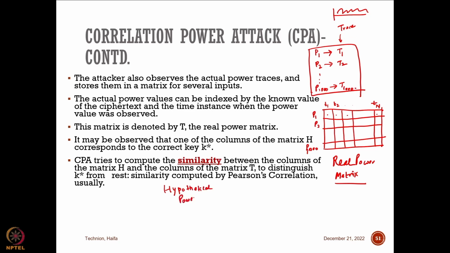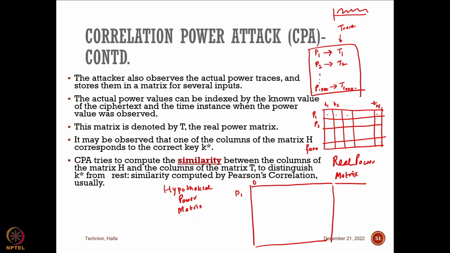So what is a hypothetical power matrix? Consider the first plaintext P1, and you make a guess of the key. Remember this K0 you are trying to find out? I have made my guess, that guess is 0, and I find the S box of P1 XORed with 0, find the Hamming weight of that, apply my power model, and store this at this location.